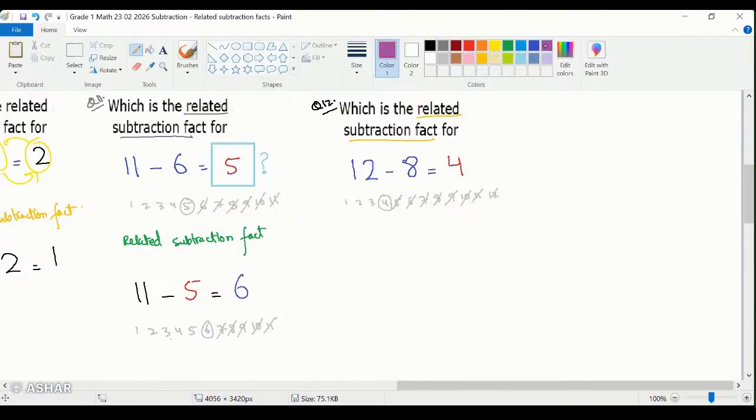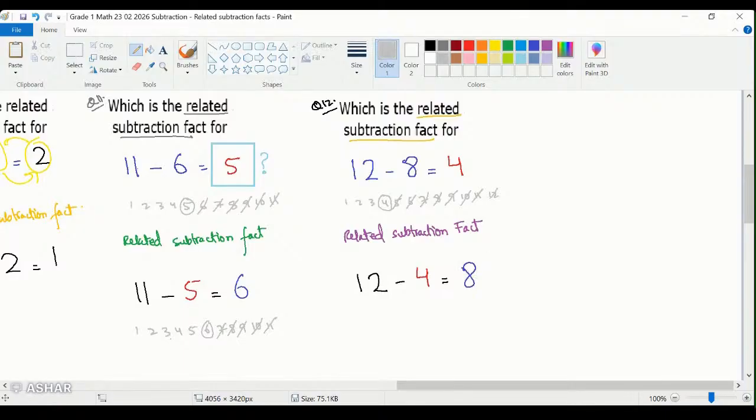So if we need to find the related subtraction fact, what we simply need to do is interchange the smaller numbers, and the answer should come out to be, if the given question was 12 minus 8, that was equals to 4. Then it should come out to be 12 minus 4 should be equals to 8.